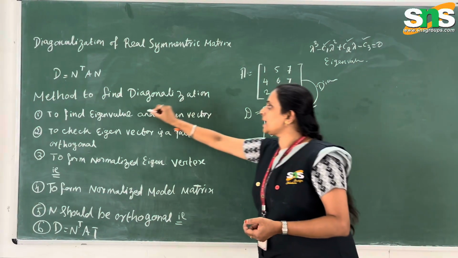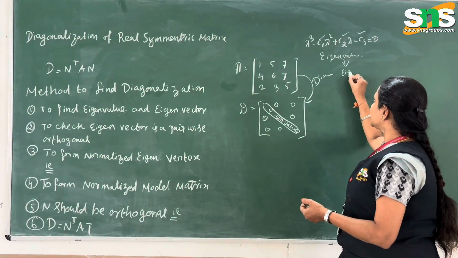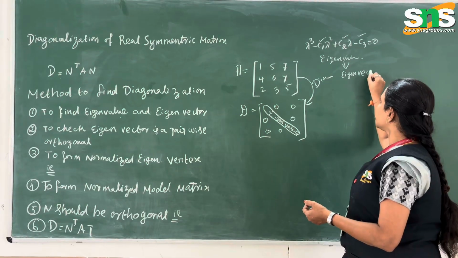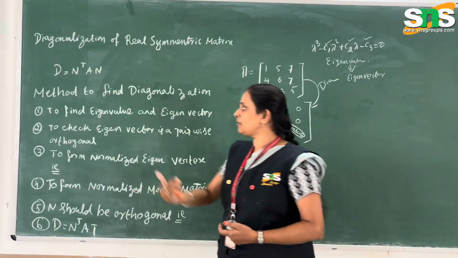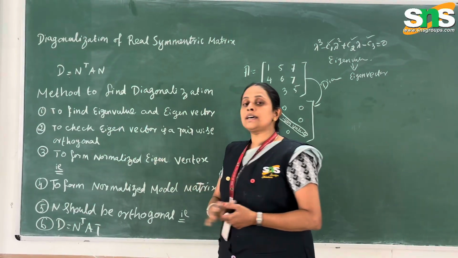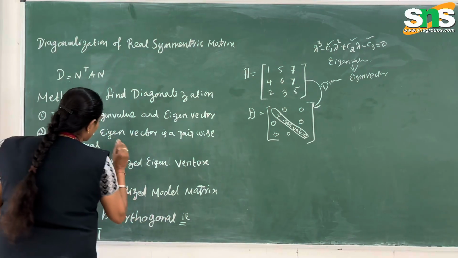Using the eigenvalues, we have to find the eigenvectors. Next, the eigenvectors are pairwise orthogonal. What is pairwise orthogonal?